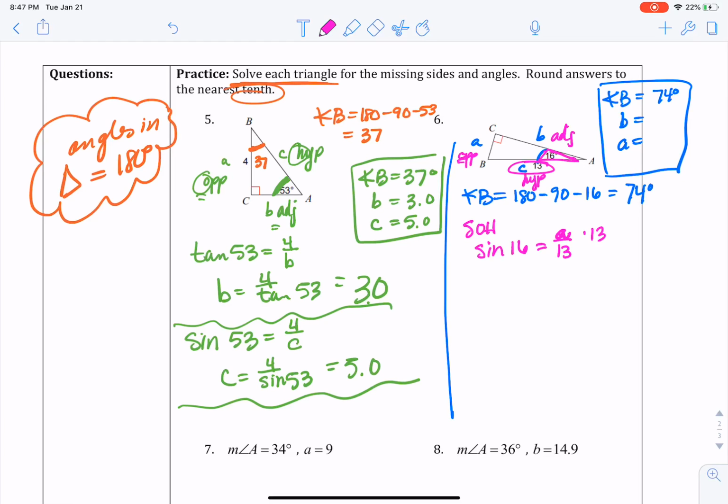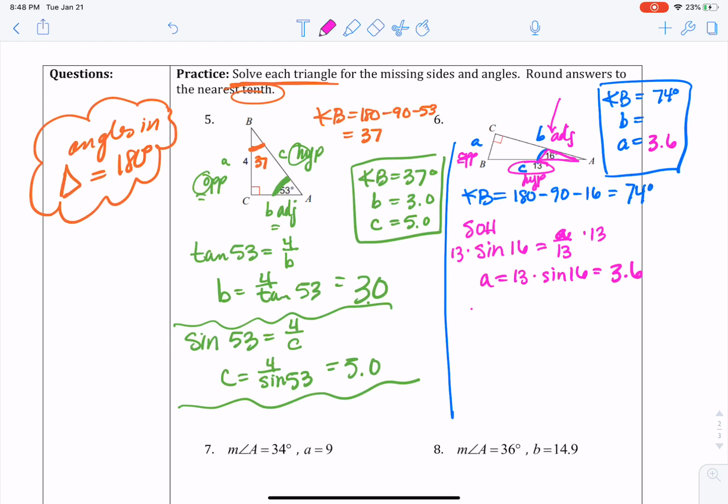So multiply both sides by 13. A equals 13 times sine of 16. Just put that in the calculator normal, and that comes out to 3.6. So then I'm going to go up here to my little box and put 3.6 as the measure for side A. Then to find side B, that's adjacent over hypotenuse.